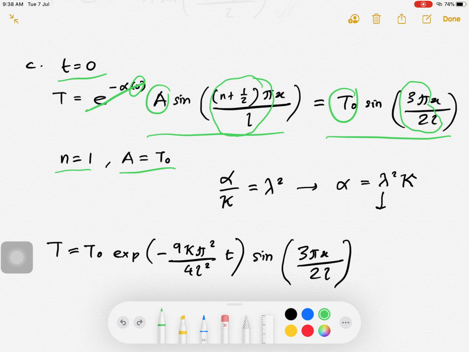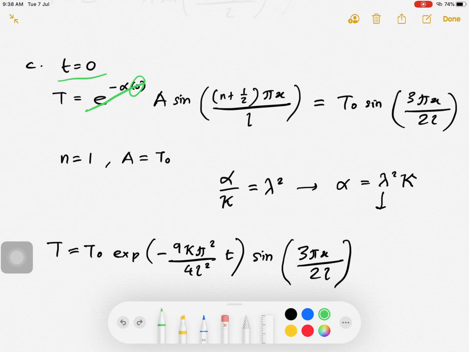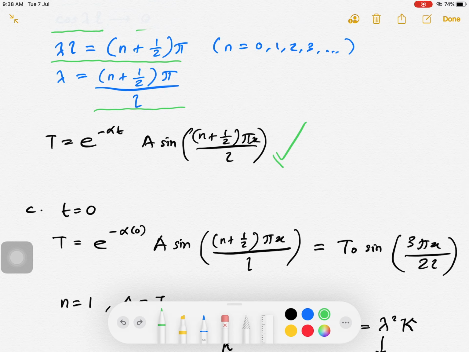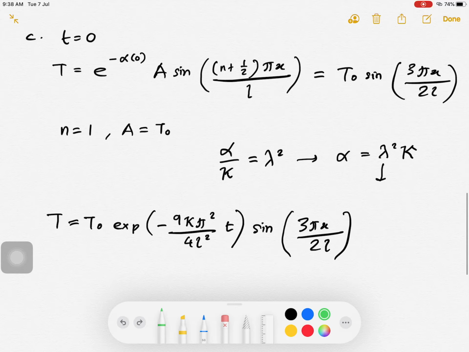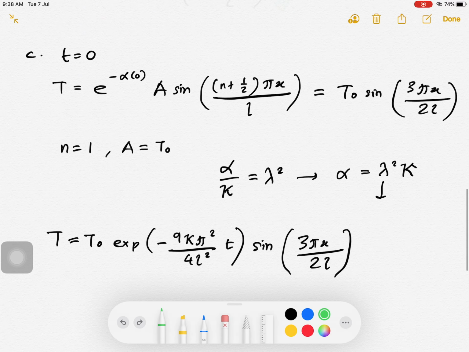So now I want to clear back everything. Now we consider this equation. We know lambda already. We know what A is. We know the updated this. So we just substitute. Alpha is this one.